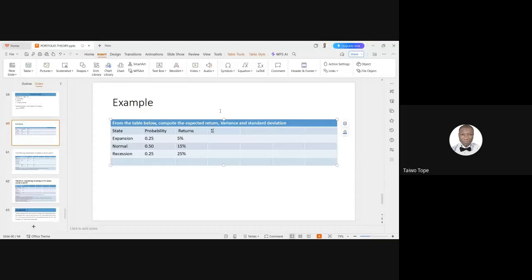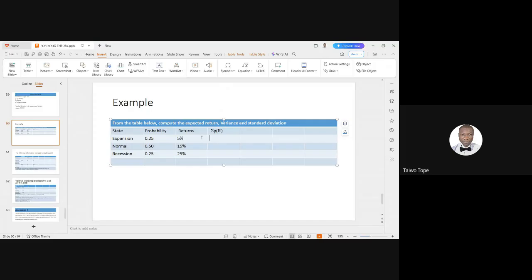It will be your summation of probability in relation to the returns. What we're trying to get is the R bar. So now your summation of P in relation to R will be what? For each of the states.